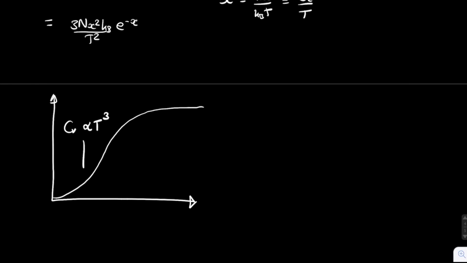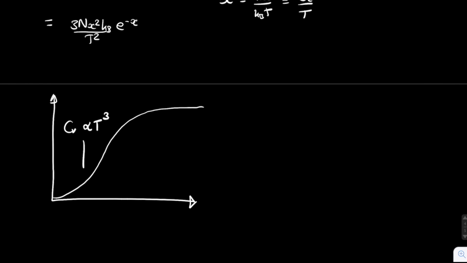So it shouldn't really have any of these exponentials in right here. It should simply be proportional to the temperature cubed. And this is very well established experimentally. A lot of metals behave like this. At low temperatures, their heat capacity is dependent on the cube of the temperature.